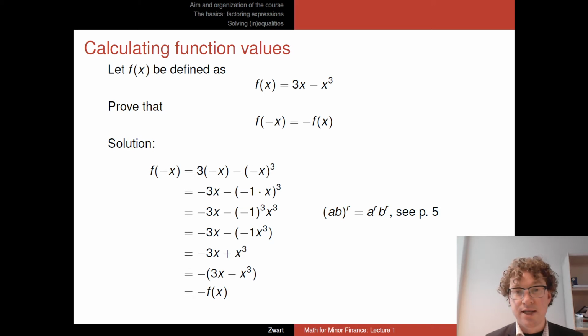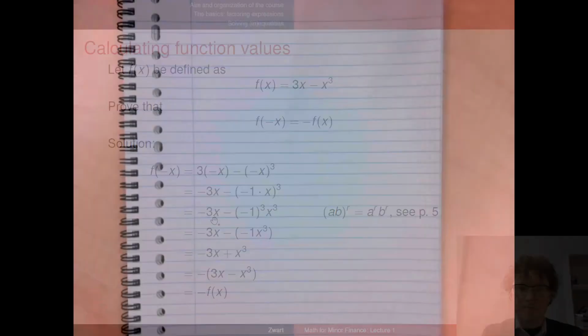Now the question is, can we prove that if you operate this function on the number minus x, then the output is going to be minus f of x? Let's see whether we can prove this. It's here on the slide, but let's do it on paper to see how it works in detail. So there we go.